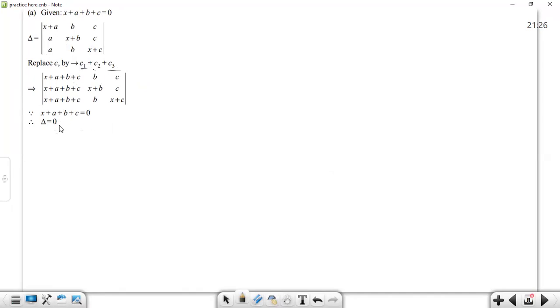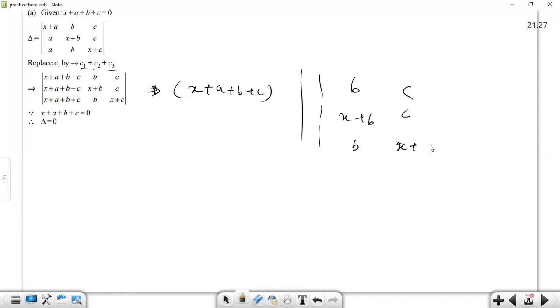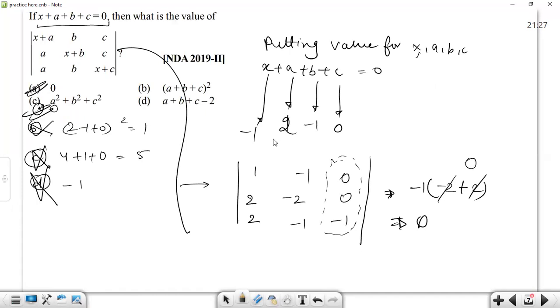Now you will take X plus A plus B plus C common, and then the determinant will become like this: 1, 1, 1, B, X plus B, B, C, C, X plus C. Now you know if this is 0, then 0 multiplied with anything makes the whole value 0. That's why you could have marked option A using this method also, and using the value putting method also.